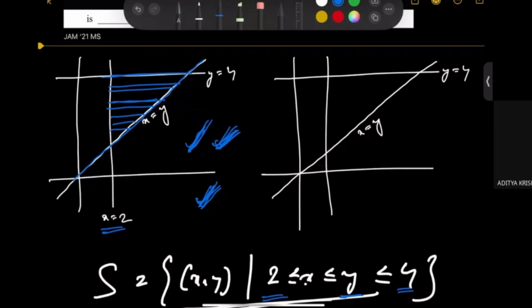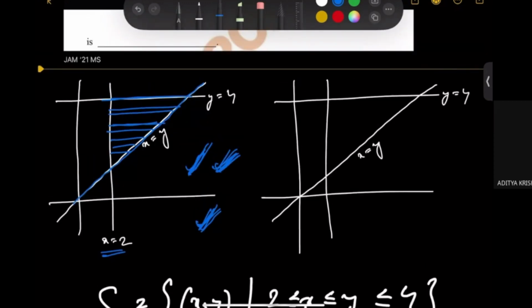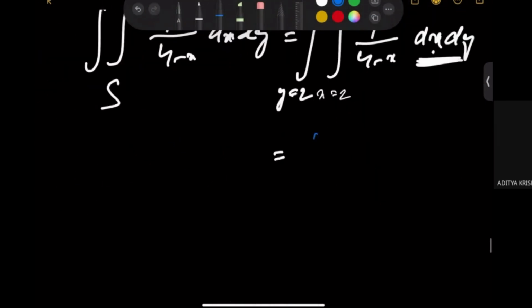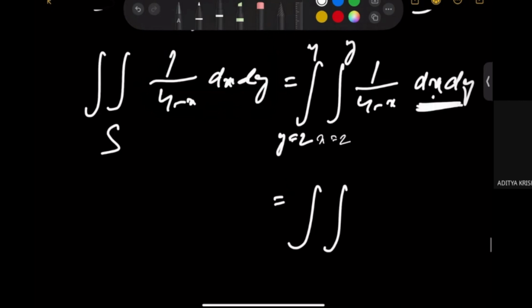So if you change the order of integration, then in this case you were doing it with respect to x first, and then with respect to y, right? So let's go the other way around. This line was x equal to y. So y starts from x and goes on till 4. So the limits of y are x and 4.